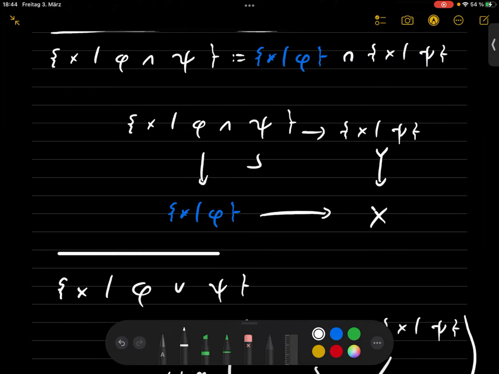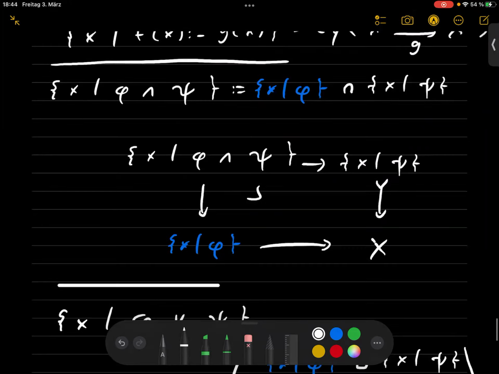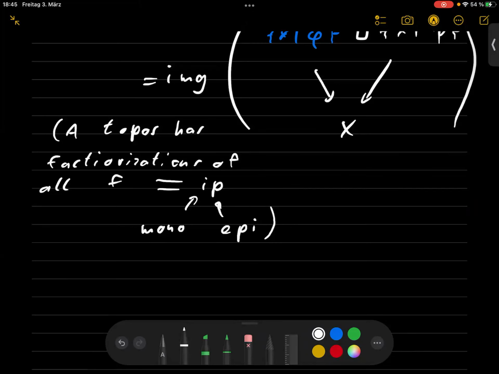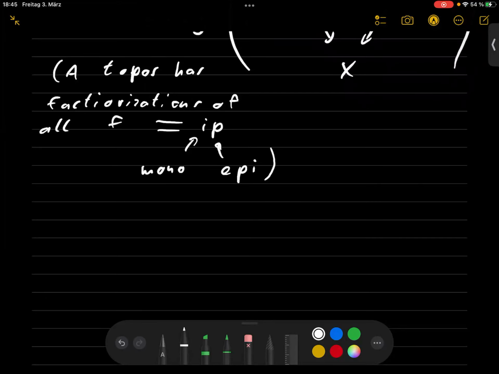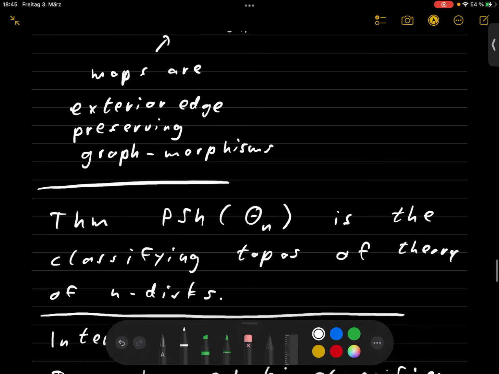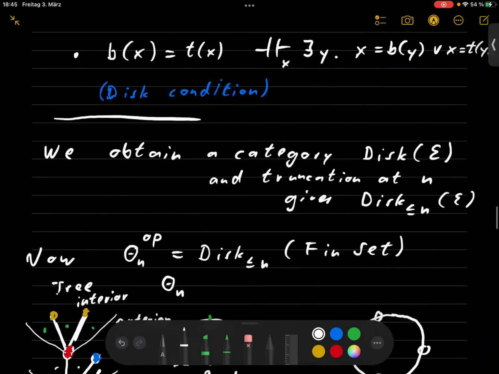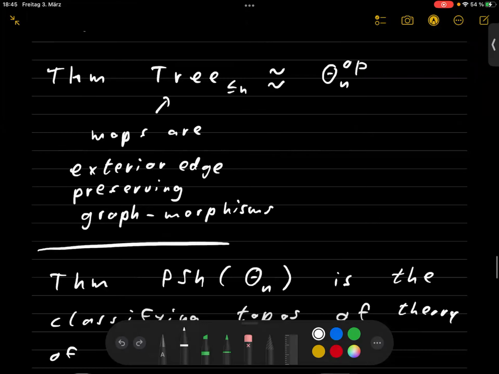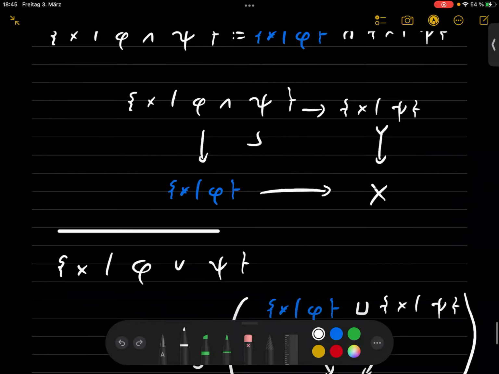And maybe the only thing that is still necessary, I think, is the existential quantor. We had an existential quantor up here. If you remember this, to interpret this one, it's maybe slightly more confusing, but I will do this now.